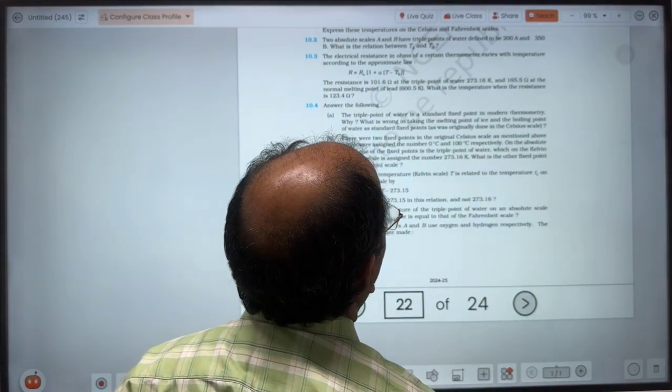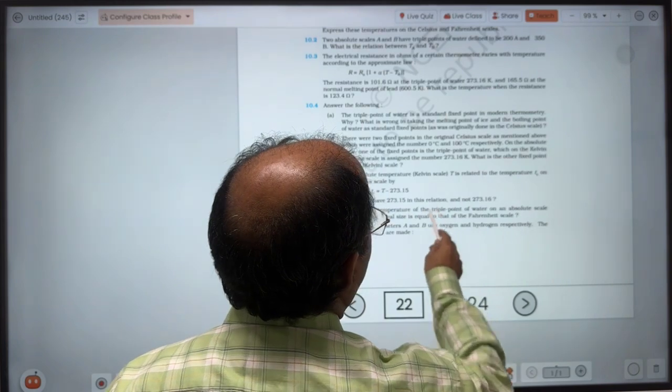Absolute temperature Kelvin, T, is related by this relation. Why do we choose this much in this relation and not this much?